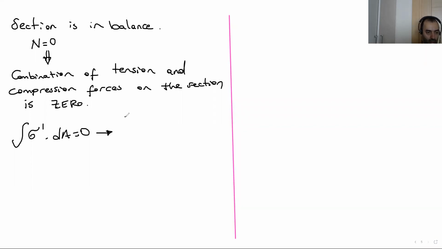Now, the integral of sigma times y over c times dA equals sigma over c times the integral of y dA, and this is 0. Here is 0.